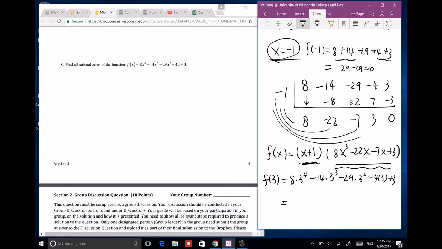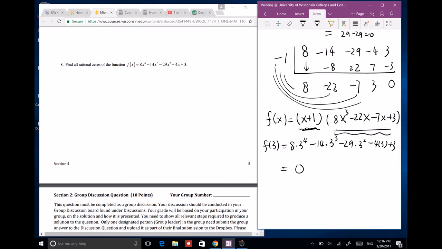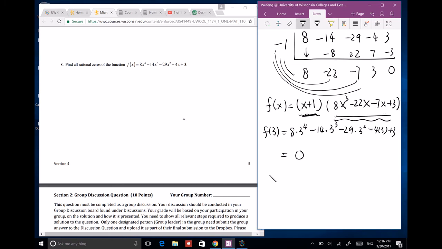So 8 times 81, negative 14 times 27, negative 29 times 9, negative 12, plus 3. It works, equals 0. So I got two zeros. One of them is x equals negative 1, the other one is x equals positive 3.